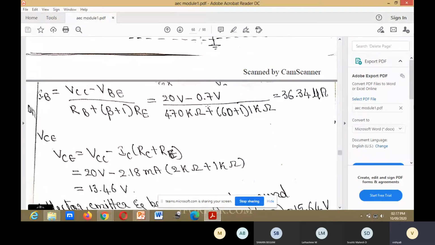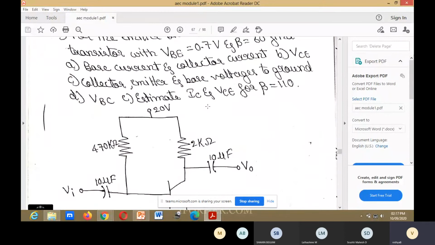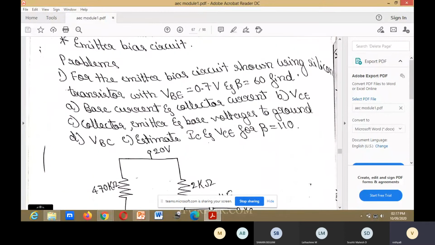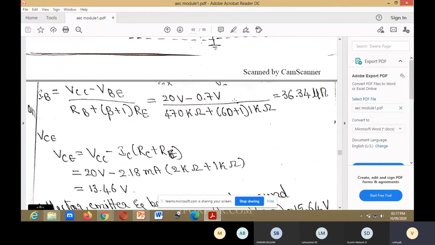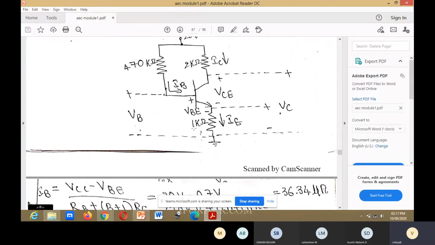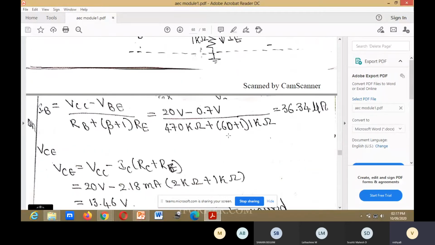Substitute. What about beta? They have given beta value is 60. Substitute the beta value, 60 plus 1. What about RE? RE value is 1 kilo ohm. After solving this one, you will get 36.34 microamps. This one is IB.